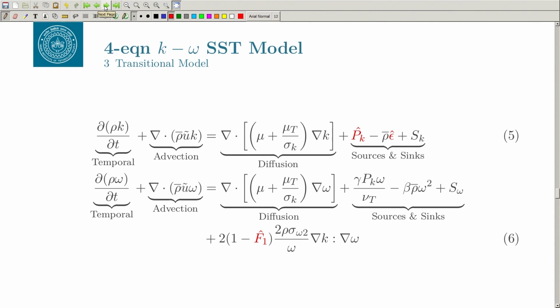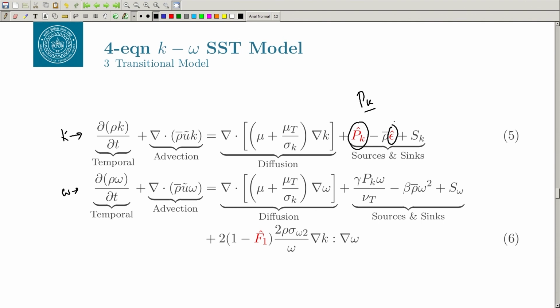So, the baseline equations are still your k and omega equations. This is your k equation, and this is your omega equation, but you see that there are certain changes in the equations. This is your production of kinetic energy. Earlier it was P_k, now it is P_k tilde.